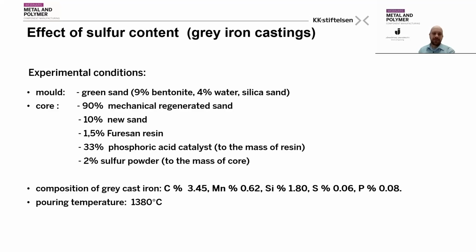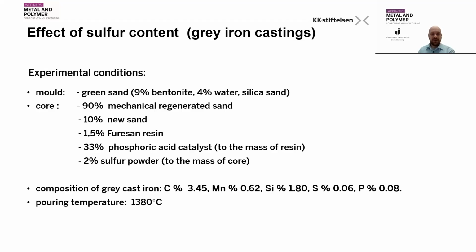Another important thing about sulfur is that it is included in some of the molding materials. For example, furan sand has a moderate amount of sulfur depending on the catalyst we use. It can be sulfuric acid as catalyst. So there can be local buildups of sulfur, and it can be an important factor when it comes to penetration in that case.